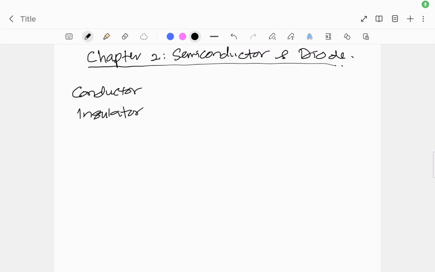In the previous class, we learned about semiconductors and diodes, and basically covered the fundamentals of semiconductors. This is just a quick recap. We have conductor and insulator. What is a conductor?